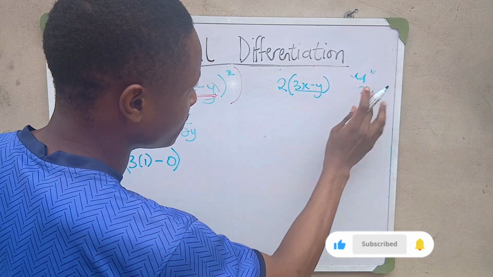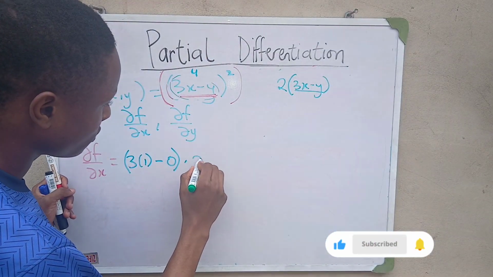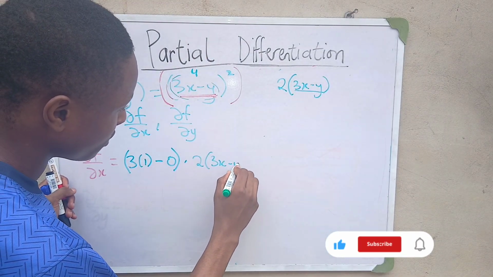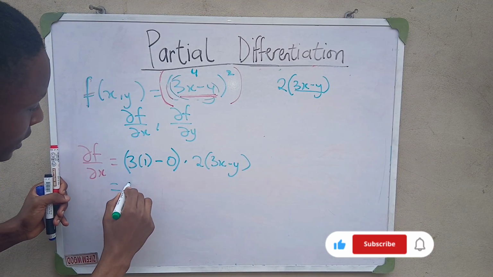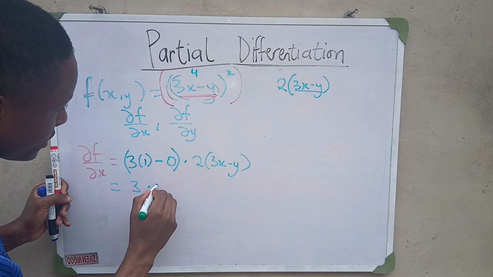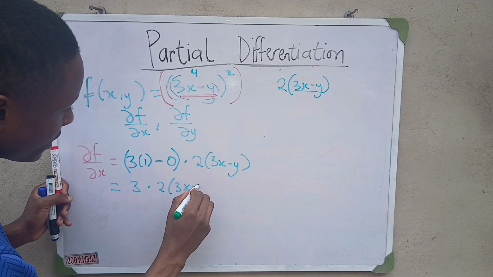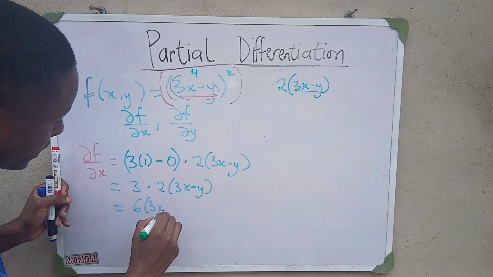So that's how we got this. So the outer function is now 2 into 3x minus y. So our value is now 3 times 1 is 3, minus 0 is still 3, times 2 into 3x minus y, which is 6 into 3x minus y.